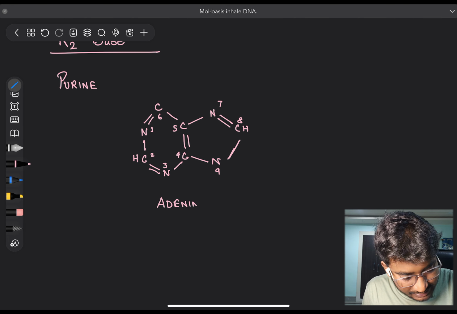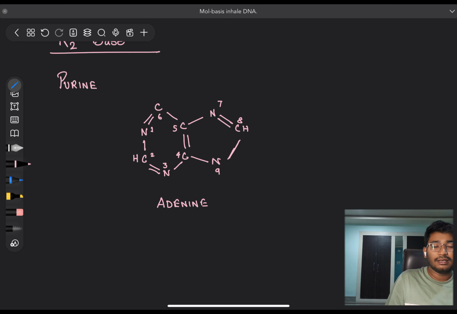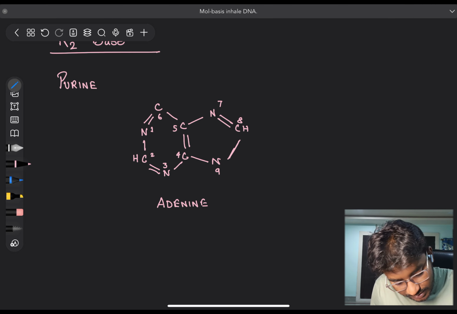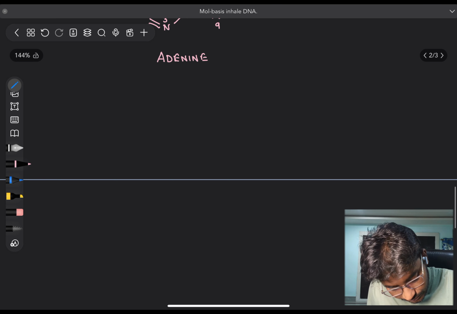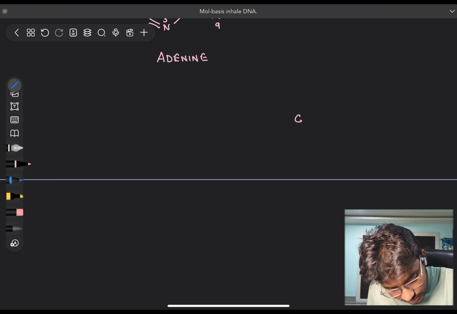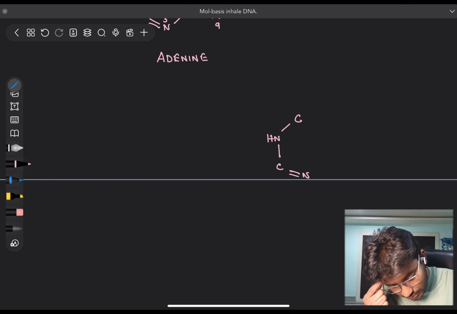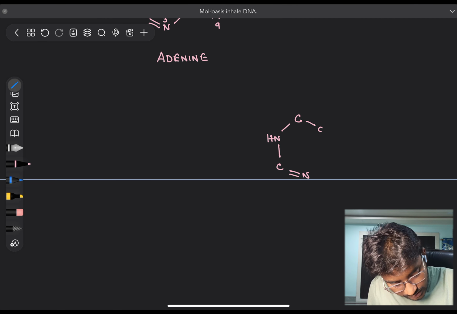It is given in your NCERT. It is the structure of adenine, a purine base. Another is the structure of guanine, another purine base. Let me draw it. Guanine: again the same carbon, double and single bonds, nitrogen, single bond, carbon, double bond, nitrogen. Here single bond, carbon, double bond, carbon, single bond, nitrogen.